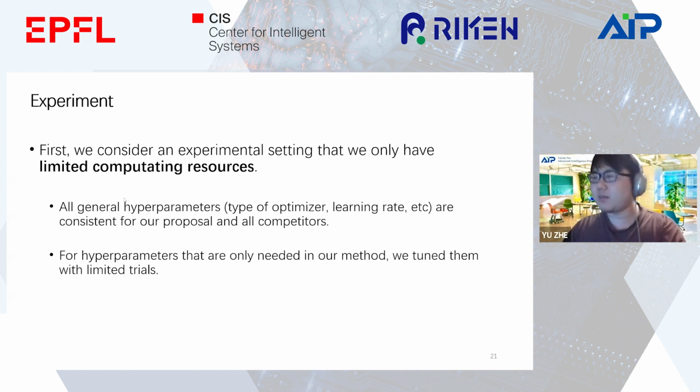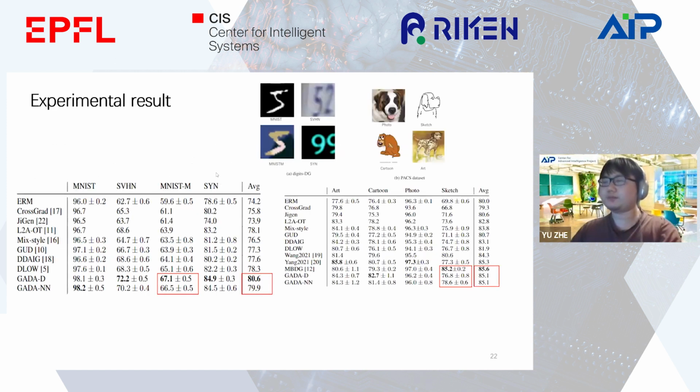These general hyperparameters are all set to consistent values for all proposals and all competitors. And for hyperparameters that are only needed in our methods, we tune them with limited trials. This is because we only have limited computing resources.